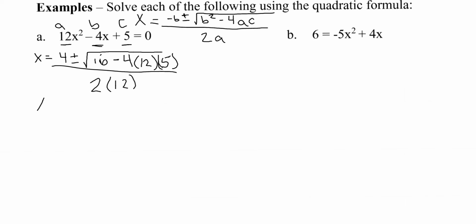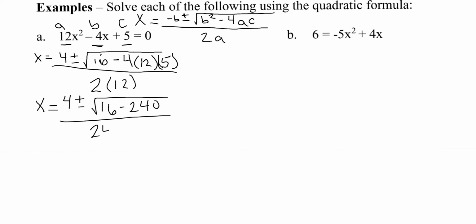So we're going to get x is equal to 4 plus or minus, and then under the radical, let's see here, negative 4 times 12 times 5 will give me negative 240. So we have 16 minus 240 all over 24 because I did 2 times 12.